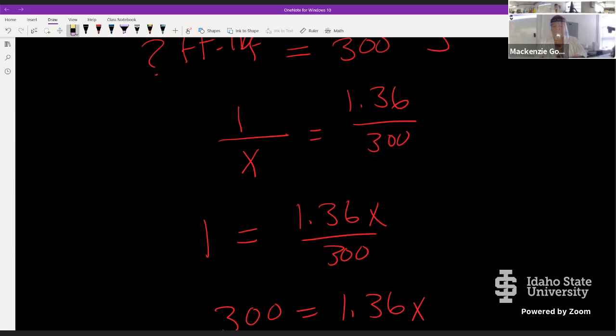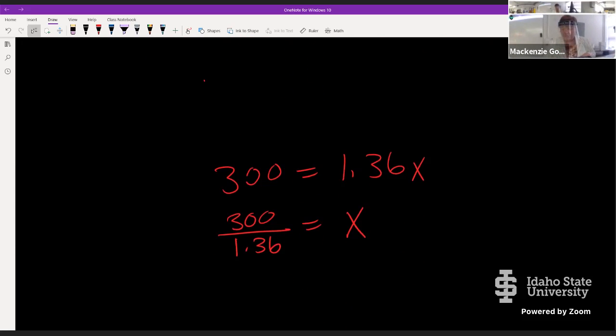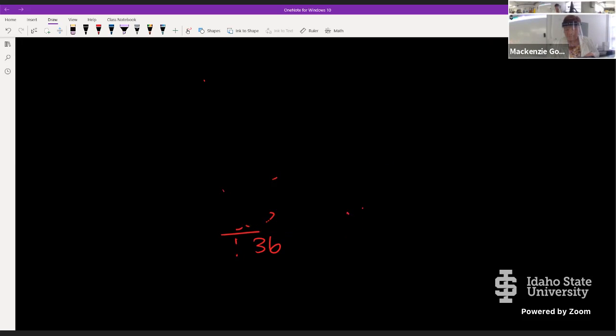You multiply both sides by x. Let me go through this a little bit slower for you guys. I got a couple of blank faces there.